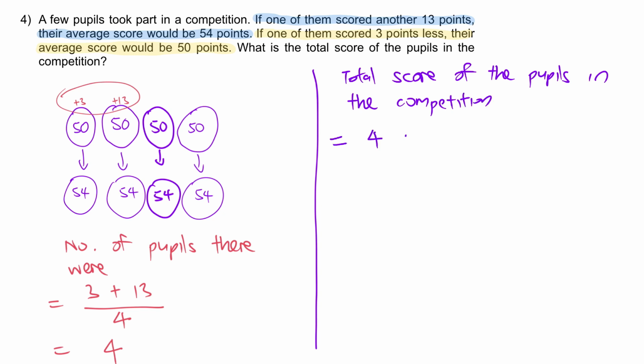Four of them, each of them score by 50. However, is that the actual scenario? No. This is the scenario whereby one of them scored 3 points less. So we need to add in the 3 points. And that will be 203. This is the actual score of everyone involved. All right.